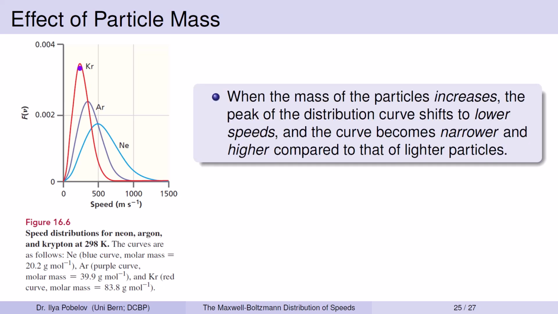When the mass of the particles increases, the peak of the distribution curve shifts to lower speeds, and the curve becomes narrower and higher compared to that of lighter particles.